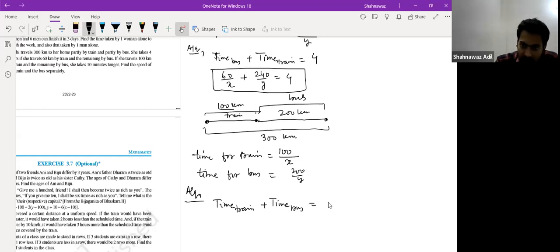So 4 plus 10 minutes. 10 minutes is 10 by 60 hours, so 4 plus 1 by 6 is 25 by 6. So 100 by X plus 200 by Y is 25 by 6. This is the second equation.